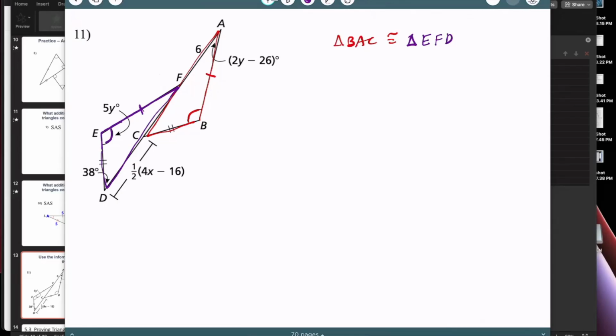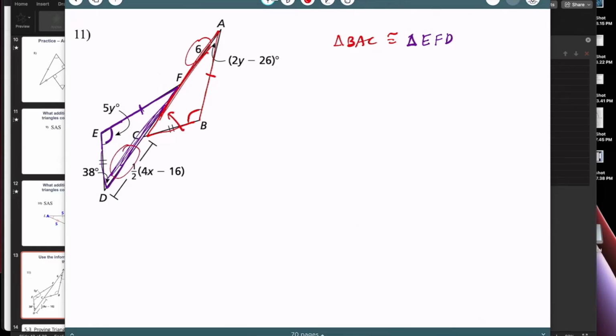Okay, it says to solve for x and y, so it doesn't really matter which one we do first. If I look at x, the only x I see is here, so this piece here. We know the entire bottom would be congruent to the entire bottom, but we already went through why this piece and this piece would be congruent as well, because we're just adding on that same middle piece here, right?